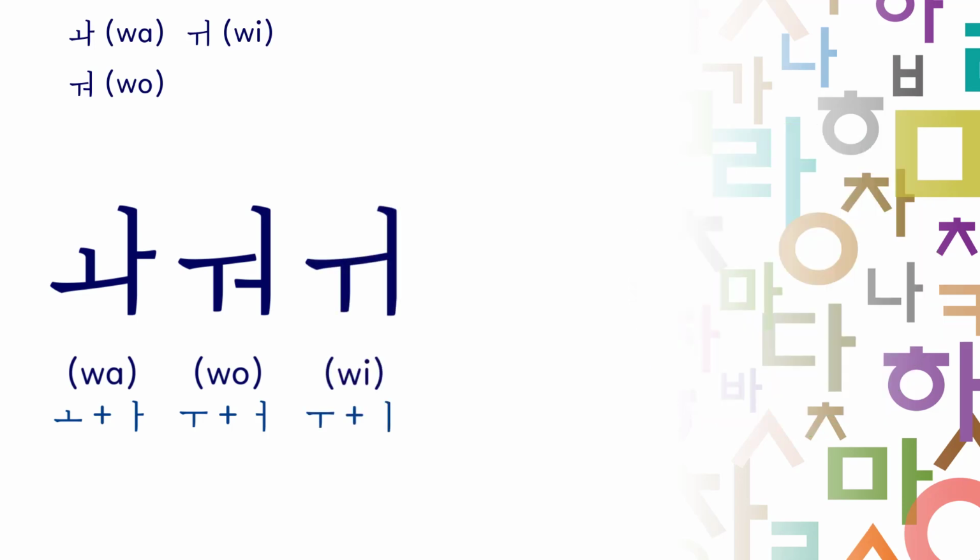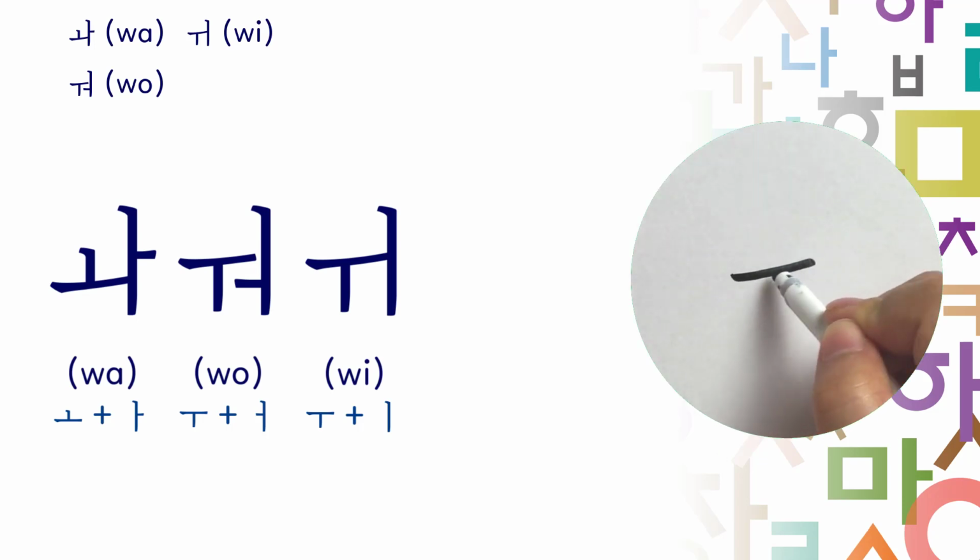Lastly, we have we. And this combines the vowels u and e. So if we say these vowels together, it's 우, 이, we. We is written like this.